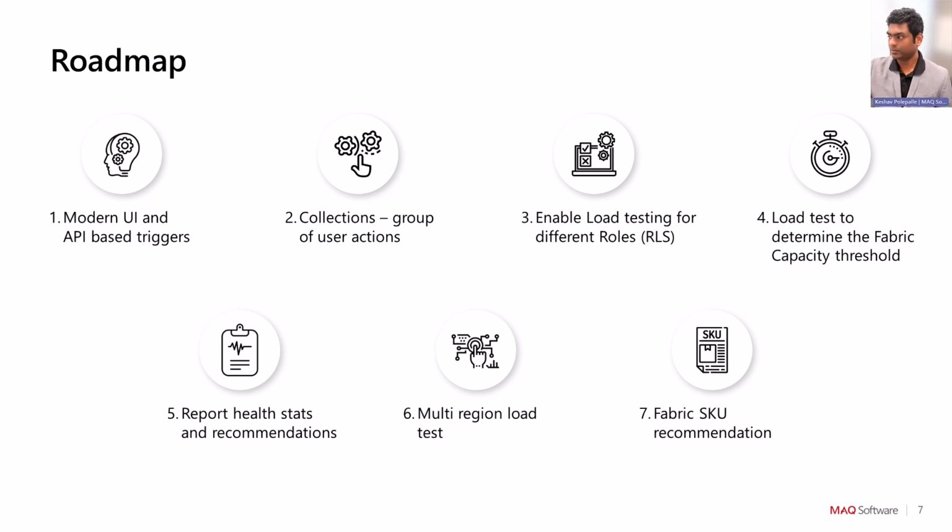We are also tapping into the capacity metric app of Fabric to get more details on how the capacity behaves with regard to your overall load test patterns. More to come. I'm not going to share a lot on this one, but there's a lot of work going on. Fifth is all about proactive recommendations. We are planning to share recommendations for DAX and recommendations for your data model.